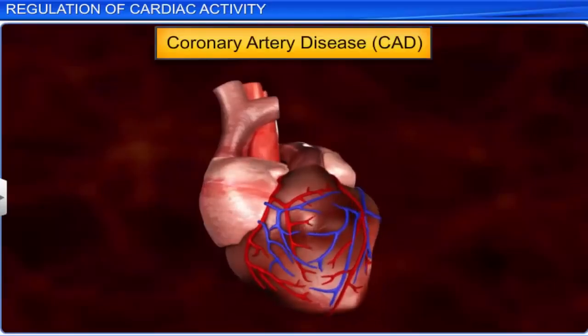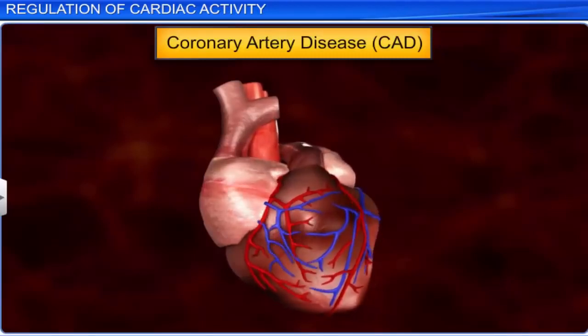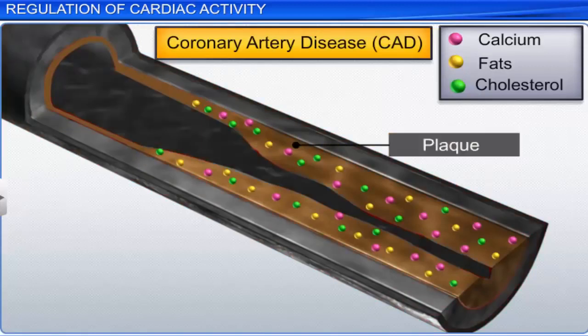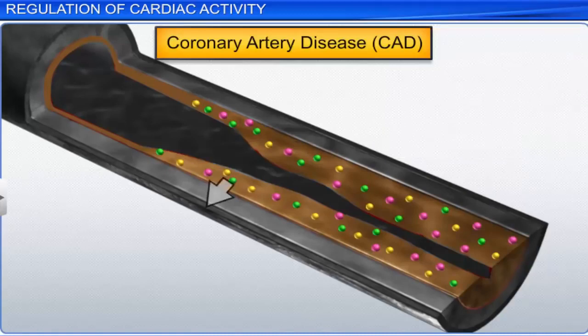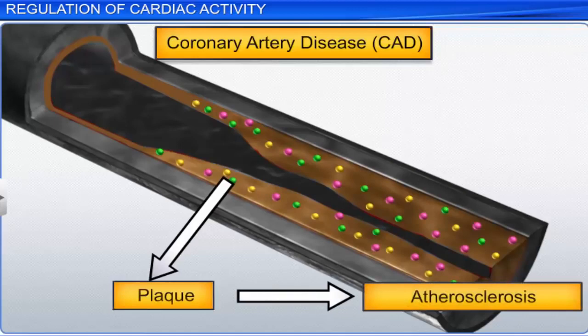Coronary artery disease or CAD affects the coronary circulation of the heart. Calcium, fats and cholesterol together accumulate and form plaque in the coronary artery and reduce or obstruct the blood supply to the heart. This accumulation of plaque is called atherosclerosis.